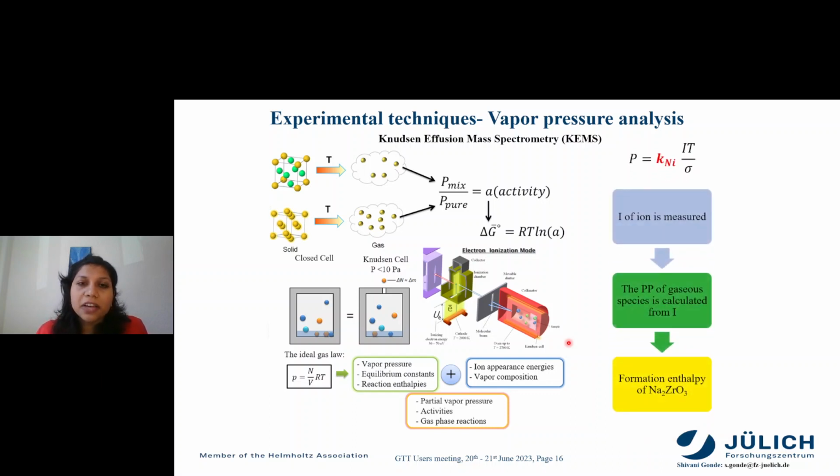And in our study, we have measured the intensity of the ion, and we have calculated the partial pressure of the gaseous species from the intensity. So using this equation, this is the calibration constant in this temperature range, and intensity, temperature, and the cross section area of the species. And this can lead to the formation enthalpy of sodium zirconate.